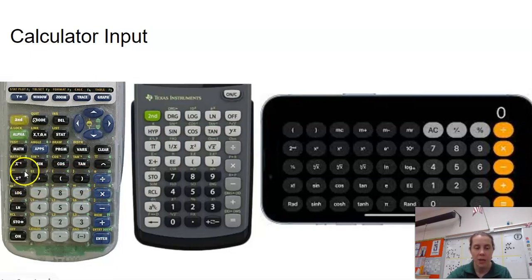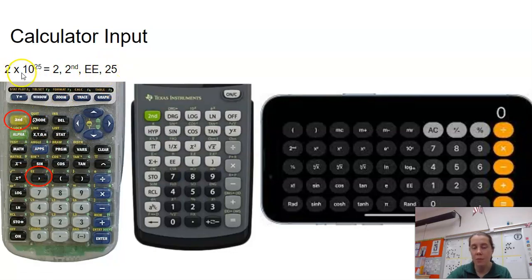On the graphing calculator, it is here, in yellow above the little comma button. In order to access it, you need to hit the second button. So you hit second and then the comma, which is the EE, and then the exponent.